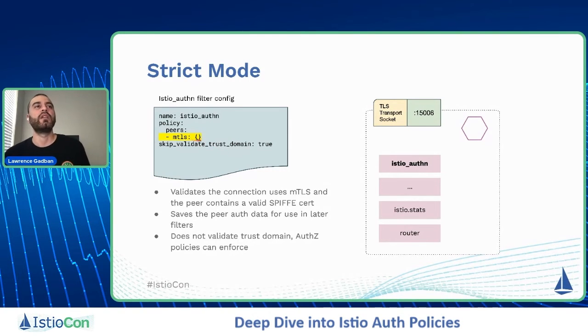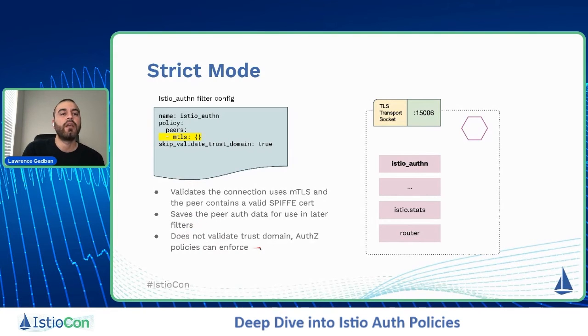When we're running in this mode, this Istio authentication filter will validate that the connection was using mTLS and that the peer certificate was a valid SPIFFE cert. Then it will save off this peer authentication data for use in later filters. We'll look at this in more detail in a second.